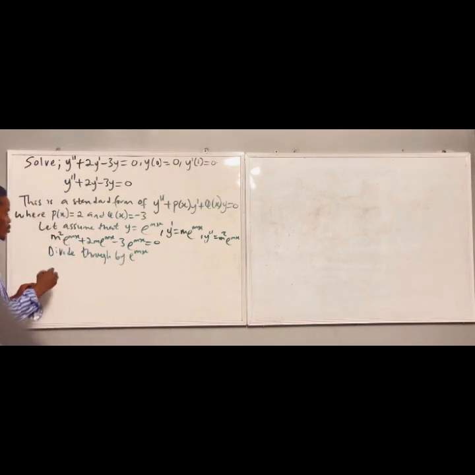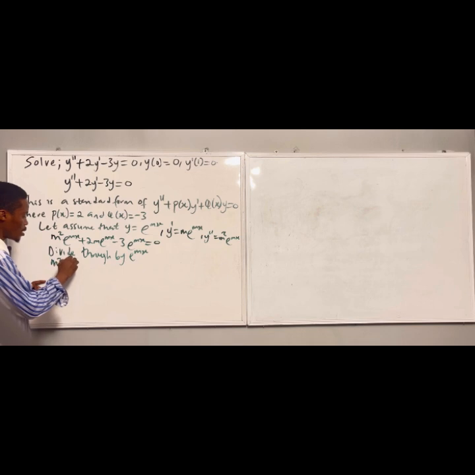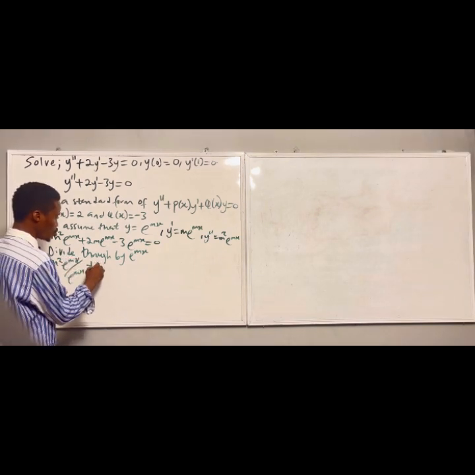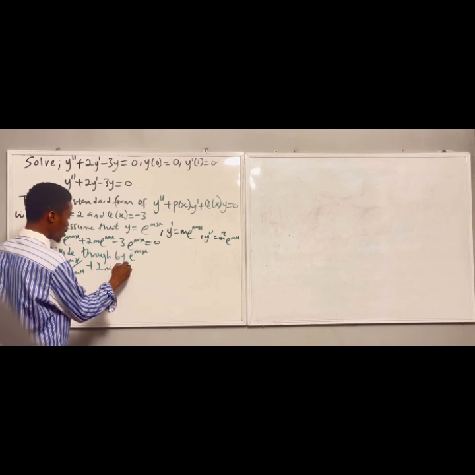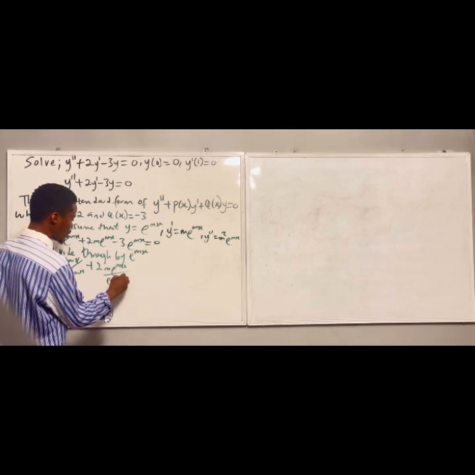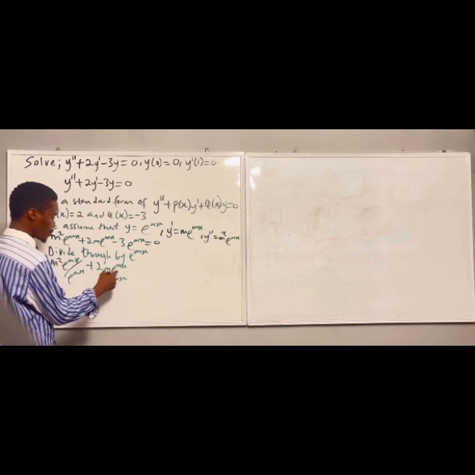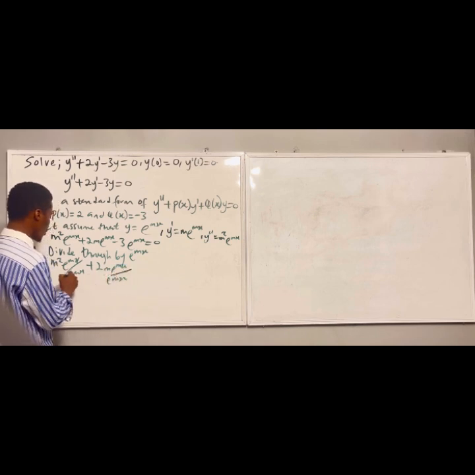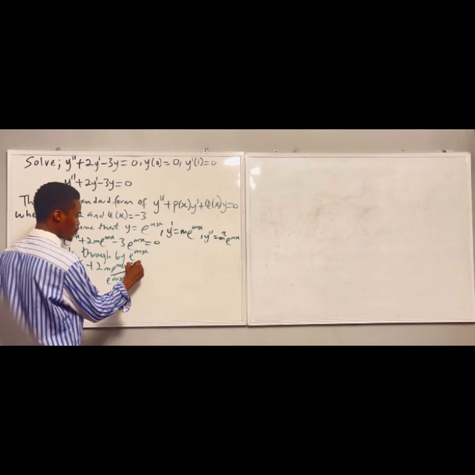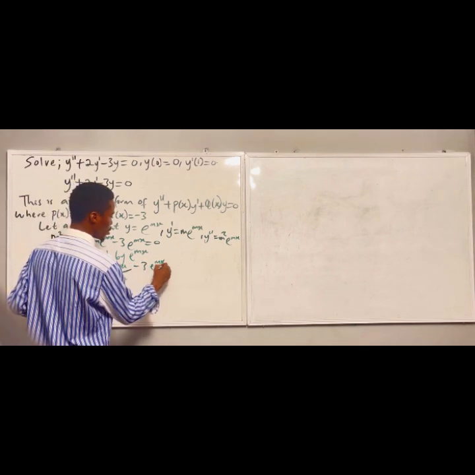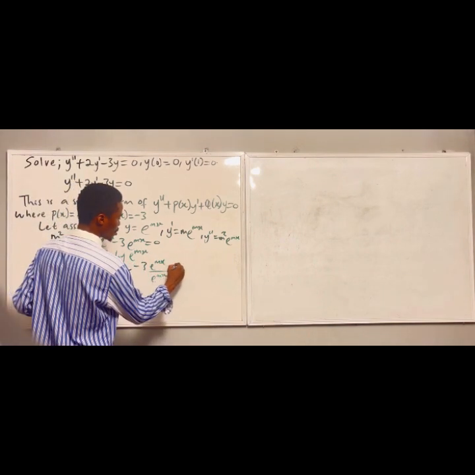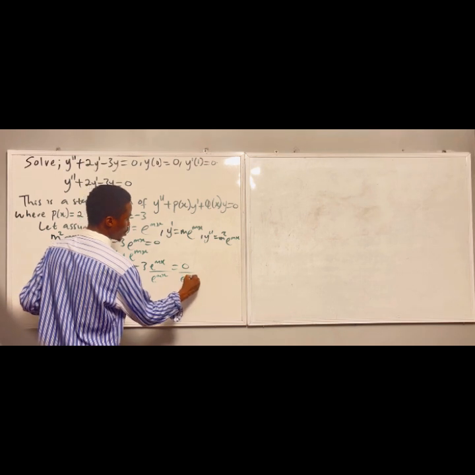If I divide through by exponential mx, I'm going to have m square exponential mx all over exponential mx, then plus 2m exponential mx all over exponential mx, and then minus 3 exponential mx all over exponential mx is equal to 0 all over exponential mx.